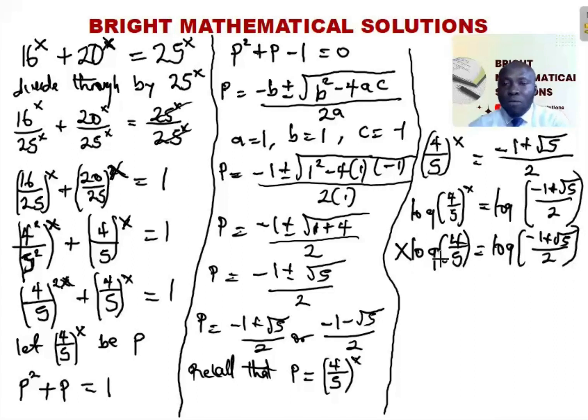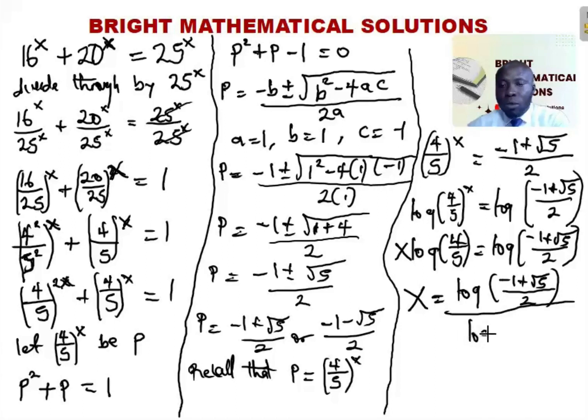So we can divide through by log 4 over 5 such that x now becomes log of minus 1 plus root 5 over 2, over log 4 over 5. You can work with your calculator to get an absolute value for x, but in a nutshell, this is the value of x.